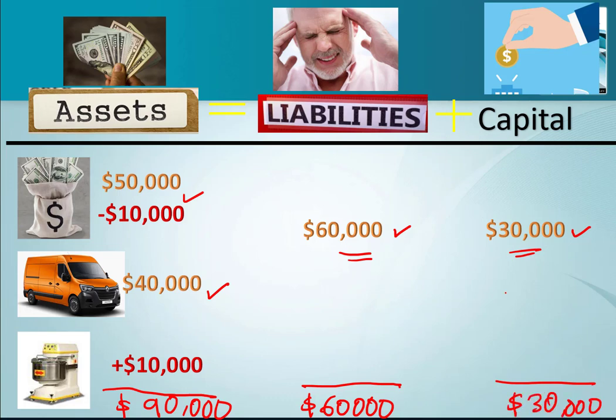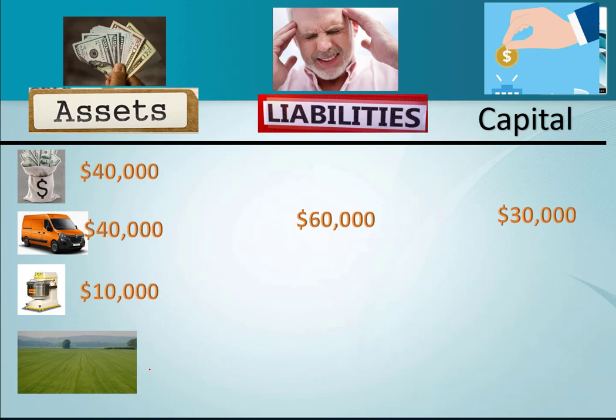The only thing that happened here is the structure or the amount of each type of asset has changed. Our cash reduced from 50,000, now it becomes 40,000. No change in our delivery van value, and we have a new asset, that is equipment, $10,000. Hope you can follow this example.